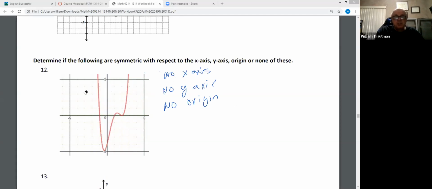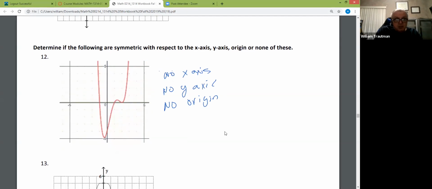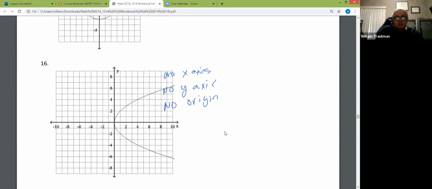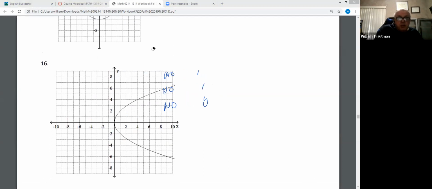Maybe I should have done the circle first. It has to look the same. And I think there was one more. If we look at it on the x-axis, if I take this to the top and that to the bottom, does it look the same?